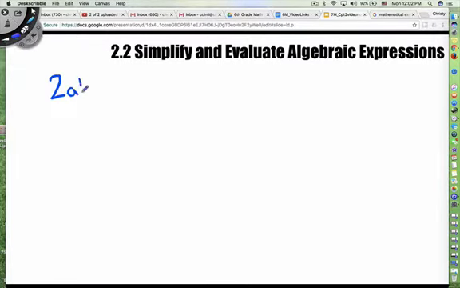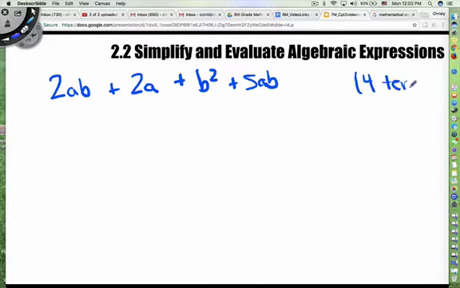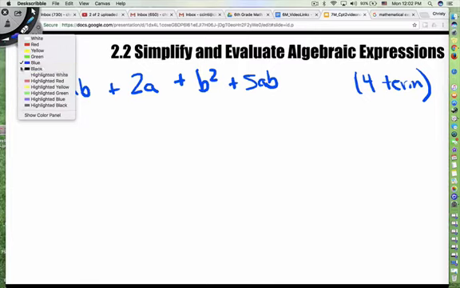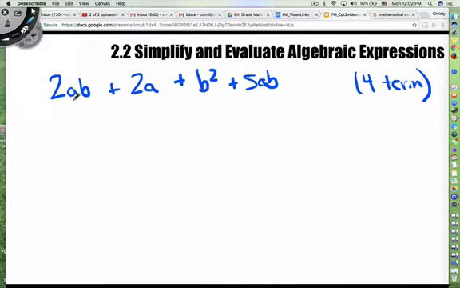So 2ab plus 2a plus b squared plus 5ab. Okay, this has how many terms? 1, 2, 3, 4 terms. So it is a 4-term expression. Then we are looking for the things that can be combined. This one has an ab.